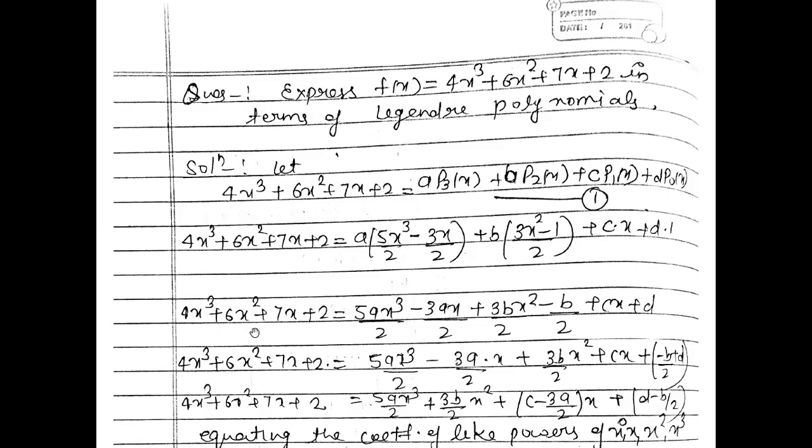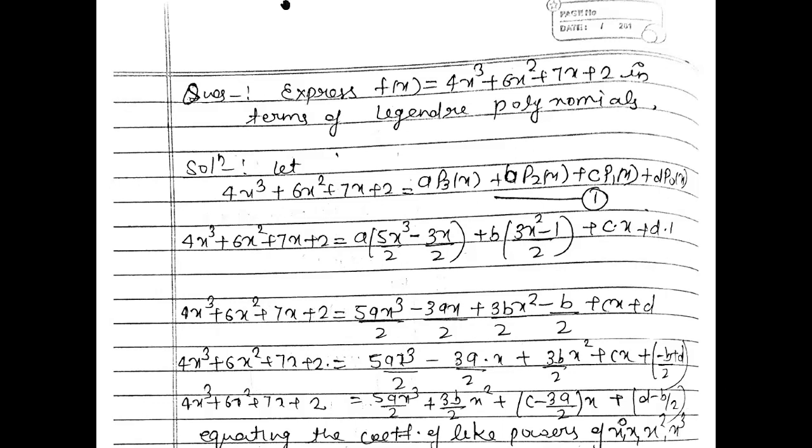So 4x cube plus 6x square plus 7x plus 2, left hand side the same, just multiply by a inside the bracket. So 5ax cube upon 2 minus 3ax upon 2 plus 3bx square upon 2 minus b by 2 plus cx plus d.